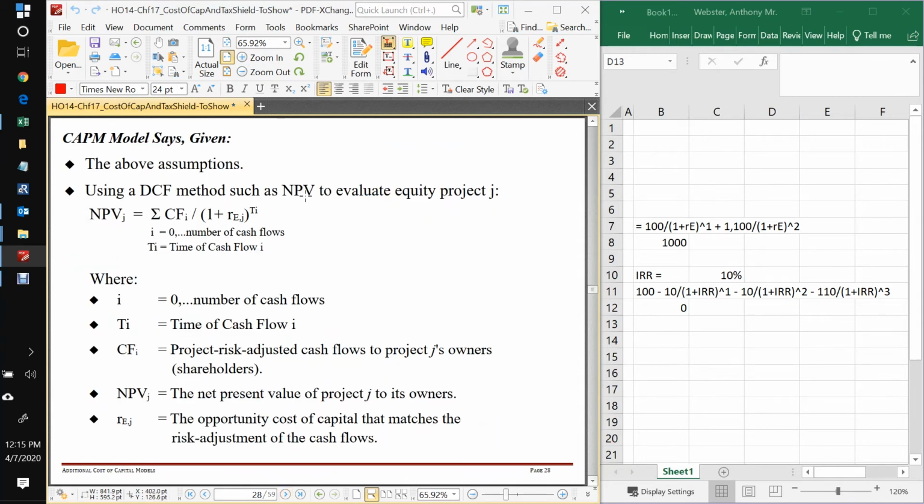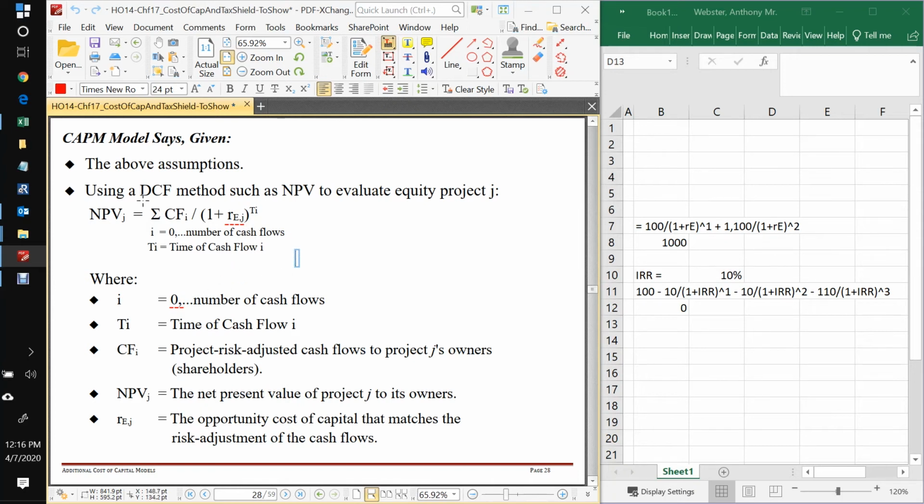With the above assumptions, the CAPM model works like this. It says if we're using a DCF method like NPV to evaluate some equity project called J, then we'd say the NPV of this project J is equal to the sum of the discounted cash flows, just like always, where we're discounting the cash flows with cost of equity capital for project J. I goes from 0, as always, with the NPV to the number of cash flows.